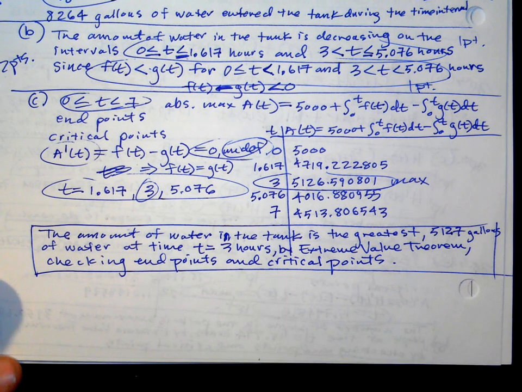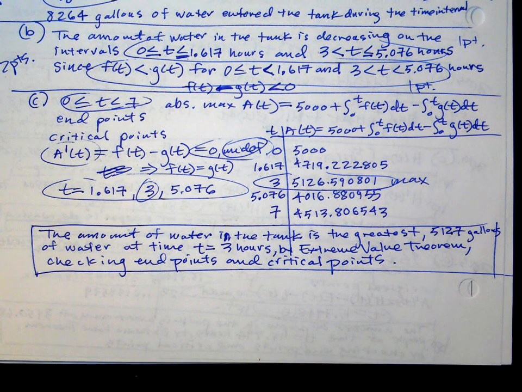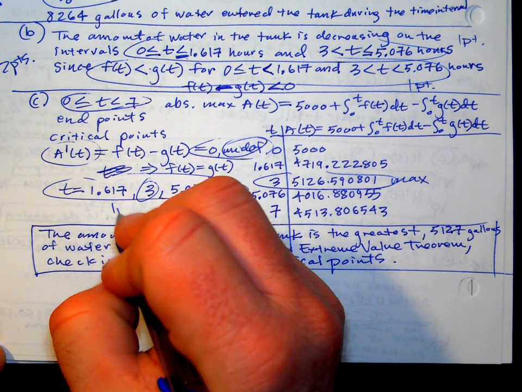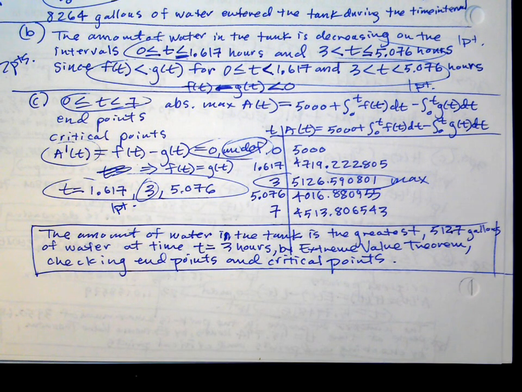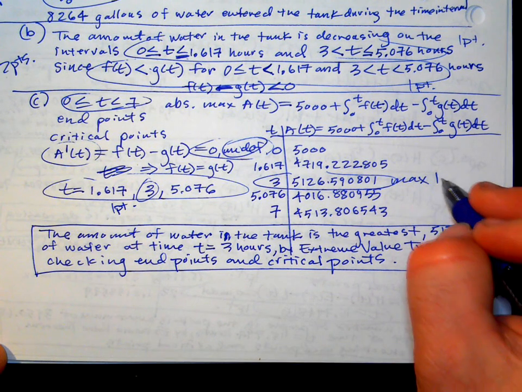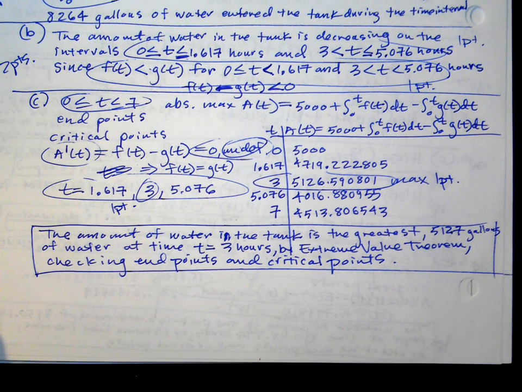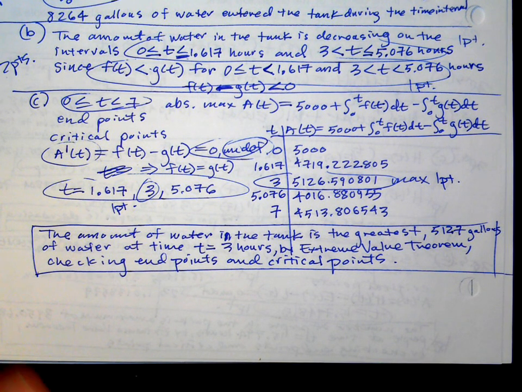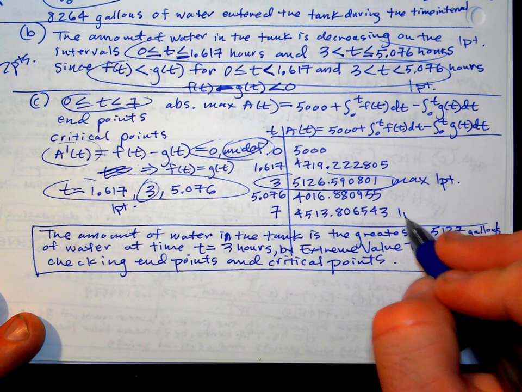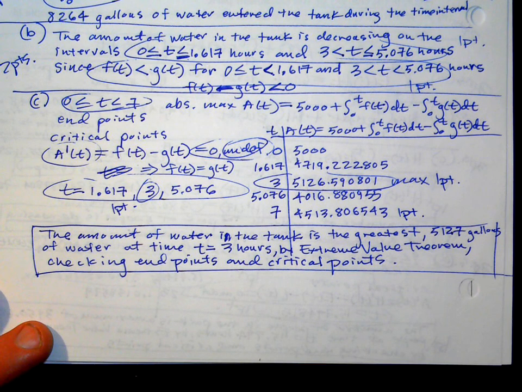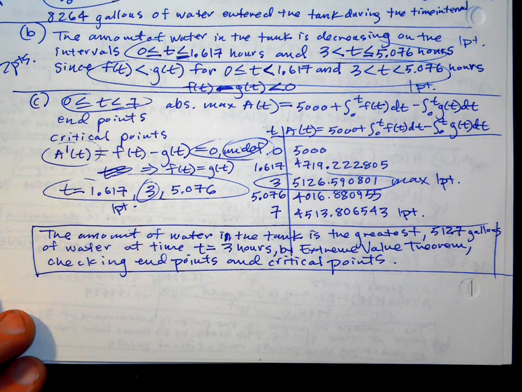Okay, so 5 points. They gave you 1 point for getting the critical points right. So if you missed 3, you lost that point. They gave you 1 point for calculating 3, by the way, which ended up being your max. So it would stink if you missed it. They gave you 1 point for calculating 7. And so that's 4 points.